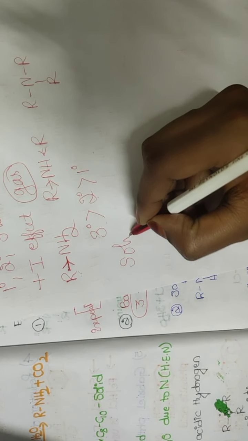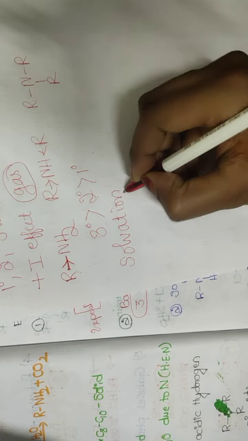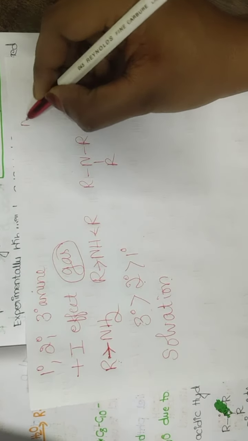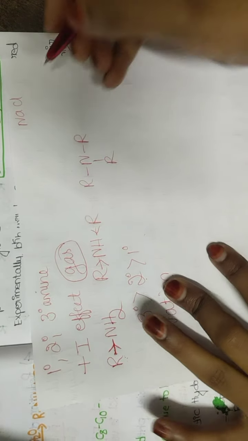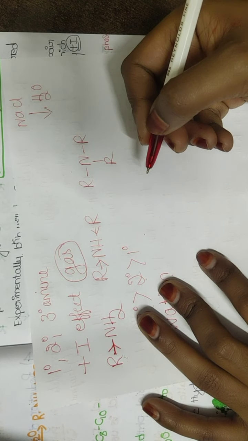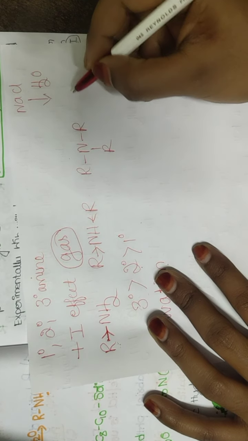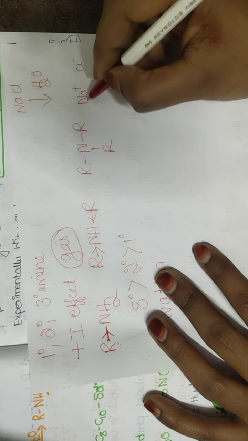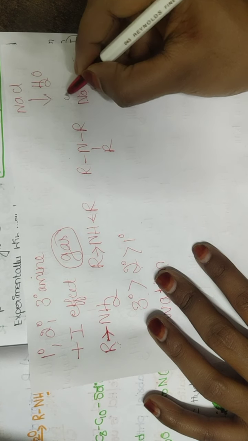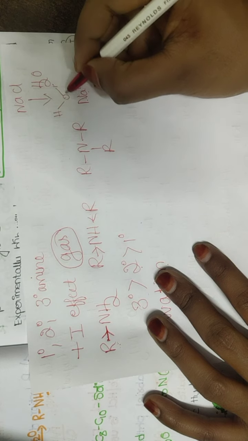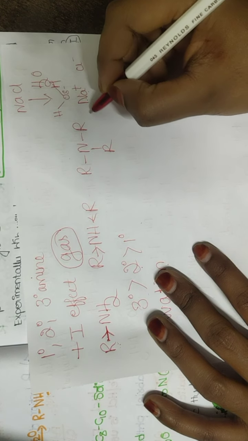So next one is the solvation. Okay. So in case of solvation, first you should know what you mean by solvation. For example, if I take a salt, NaCl, and dissolve this in water, then solvation will happen. What do you mean by solvation? The sodium chloride will split into Na plus and Cl minus. So this Na plus ion will be surrounded by the negatively charged part of a water molecule.